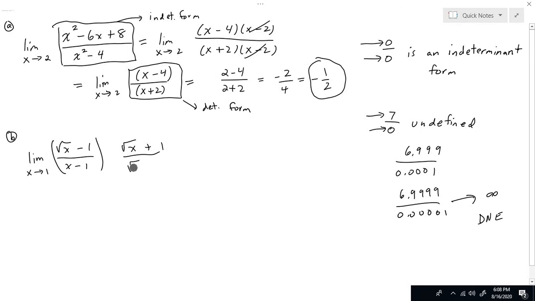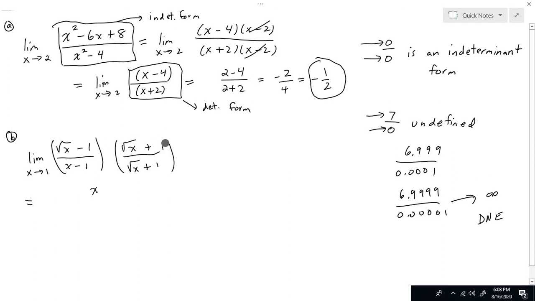Of course if I do that, I have to multiply the bottom by the same thing, because this has to equal 1. Otherwise I'm changing the value of the original function. By multiplying it by 1, I'm not changing the value of it, I'm just changing the form. Now let's see what happens here. When you FOIL this top part out, you get square root of x times the square root of x, which is just x.